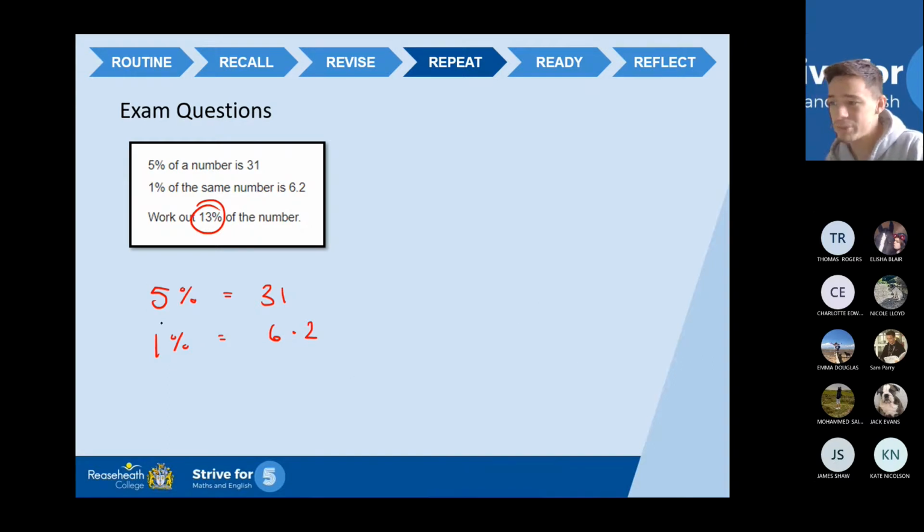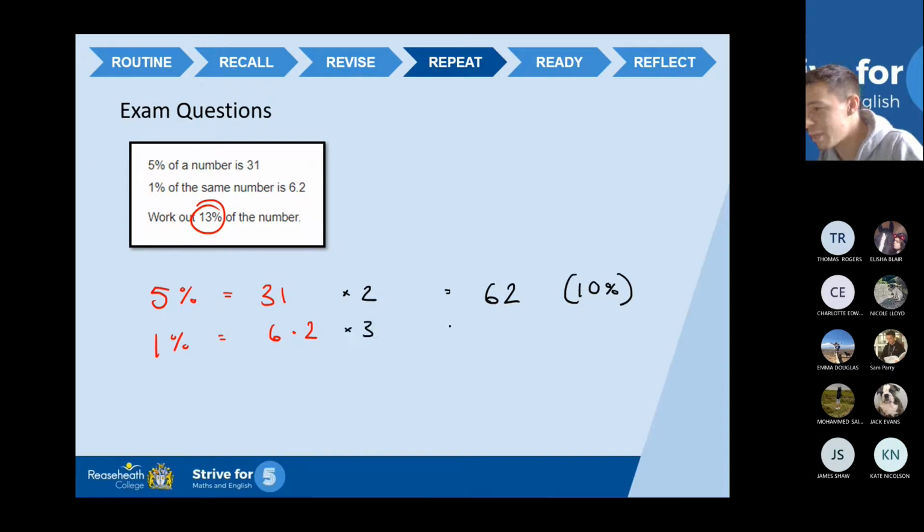Well, 5%, I can double it, can't I? If I times that by 2, that gives me 62, which gives me 10%. What do you think I need to do to the 1% value? Excellent. Nicole's read my mind. 1% times it by 3. Excellent, Nicole. Yeah, so I times that by 3.